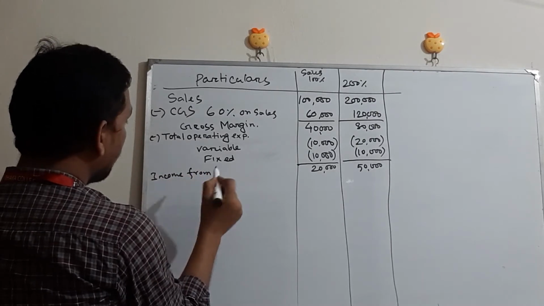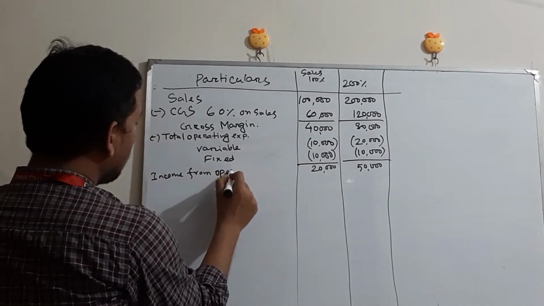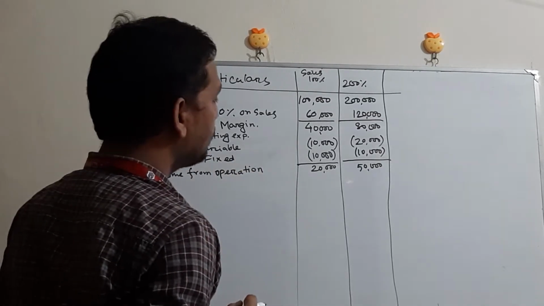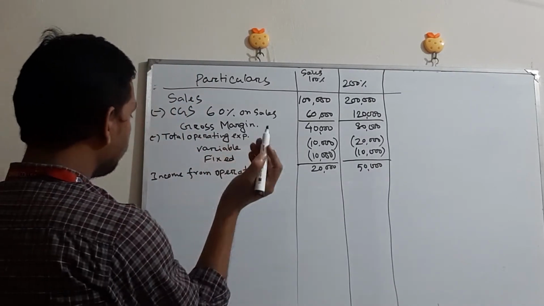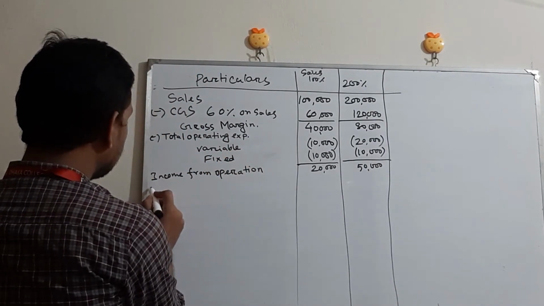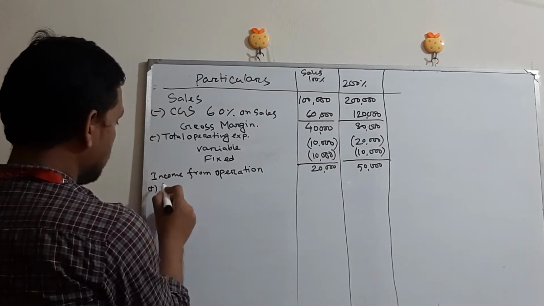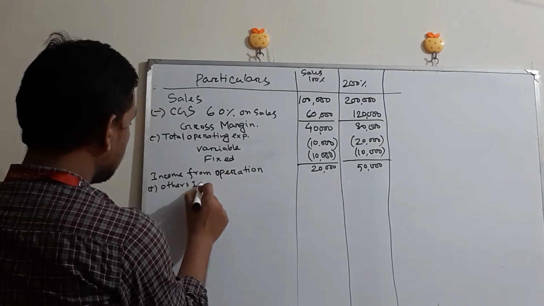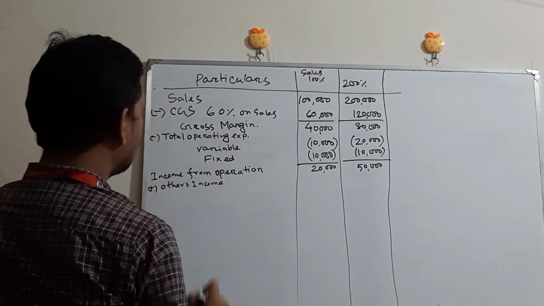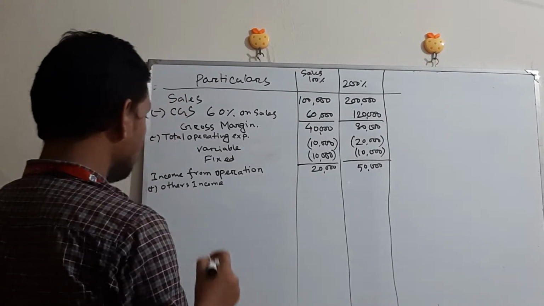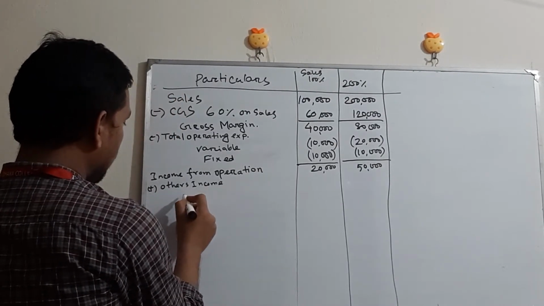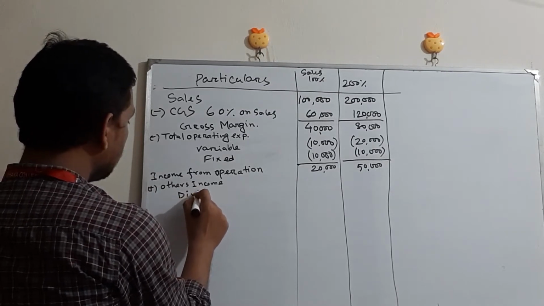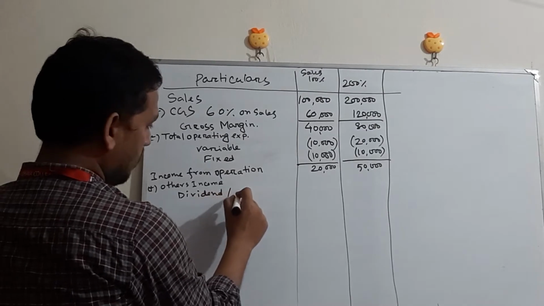It is called income from operation. Plus, add other income, maybe dividend or interest.